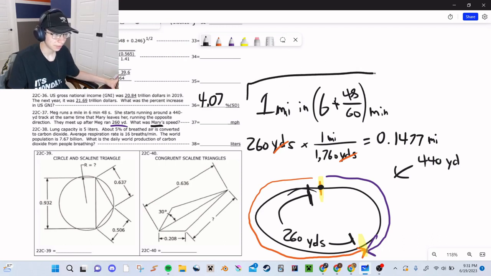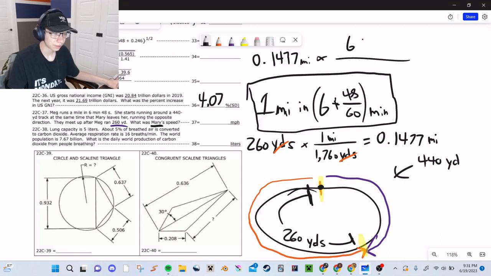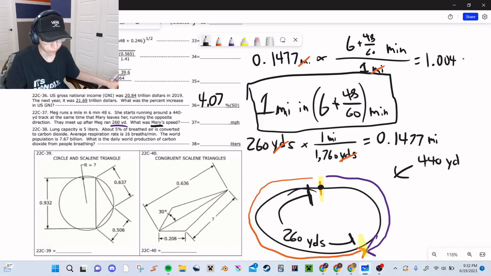And from this piece of information right here, we're told it takes her 6 and 40 over 60 minutes to run 1 mile. So we'll multiply here. These units cancel out, leaving us with minutes. Getting us 1.0045 minutes.